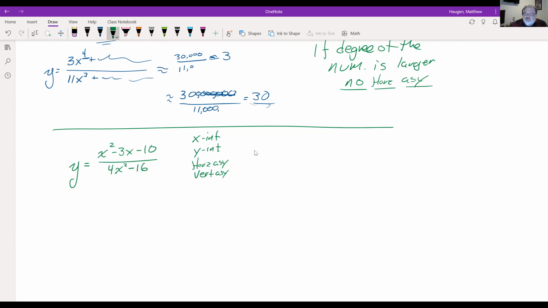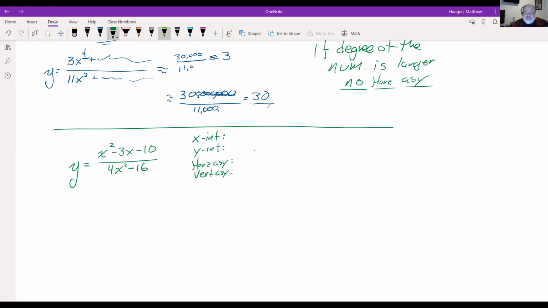Because it's a rational function, we can always find x-intercepts and y-intercepts, but it might have horizontal asymptotes and vertical asymptotes, so we want to find those if there are any. So we have our tools now to find each one of those things. And those are our 4 major characteristics of a rational function.